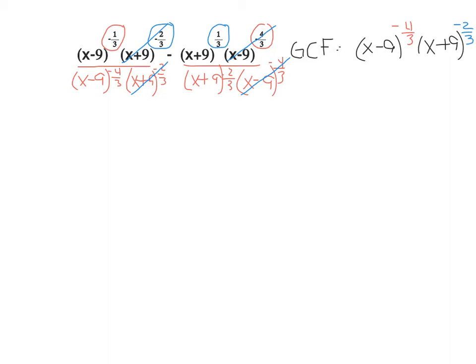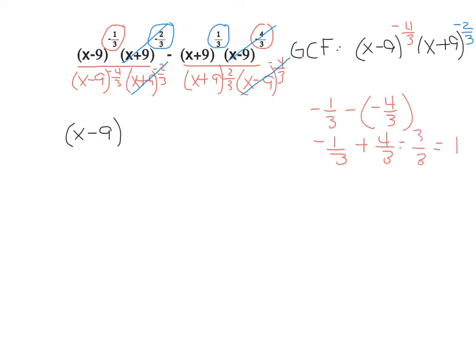Now we're going to take the remaining common factors that are left, in this case x minus 9, and calculate the new exponent. So the new exponent will be, I'm going to do this arithmetic off to the side, negative 1/3 minus a negative 4/3. So that'll turn to negative 1/3 plus 4/3, giving us 3/3, or just 1.